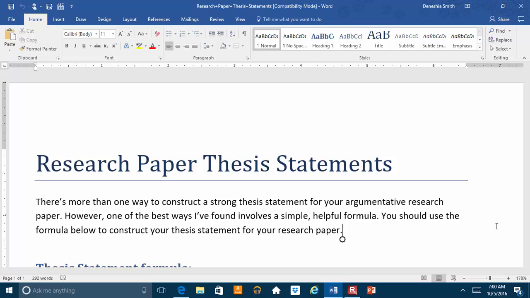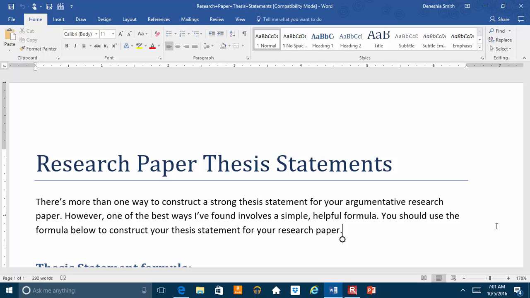Of course, there's more than one way to construct a strong thesis statement, but this formula is probably the best way that I've found, and it makes it simple and easy for the student as well. You need a strong thesis statement because that's key to the whole argument you're making.